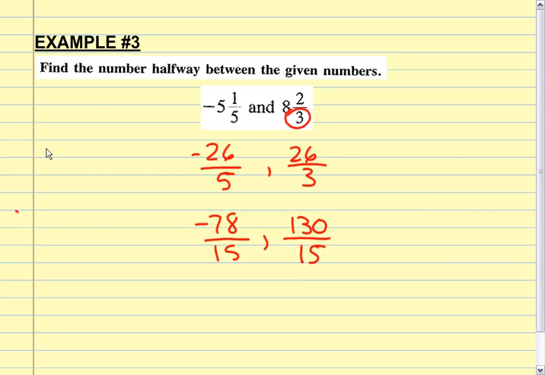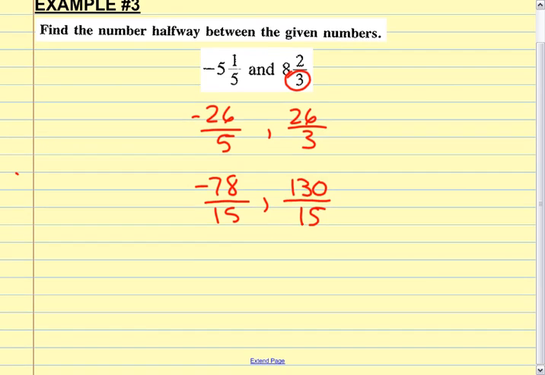Nice. So now, I haven't done anything. I just changed them to fractions and got a common denominator, so I can add them. When I add these two fractions, what do I get?